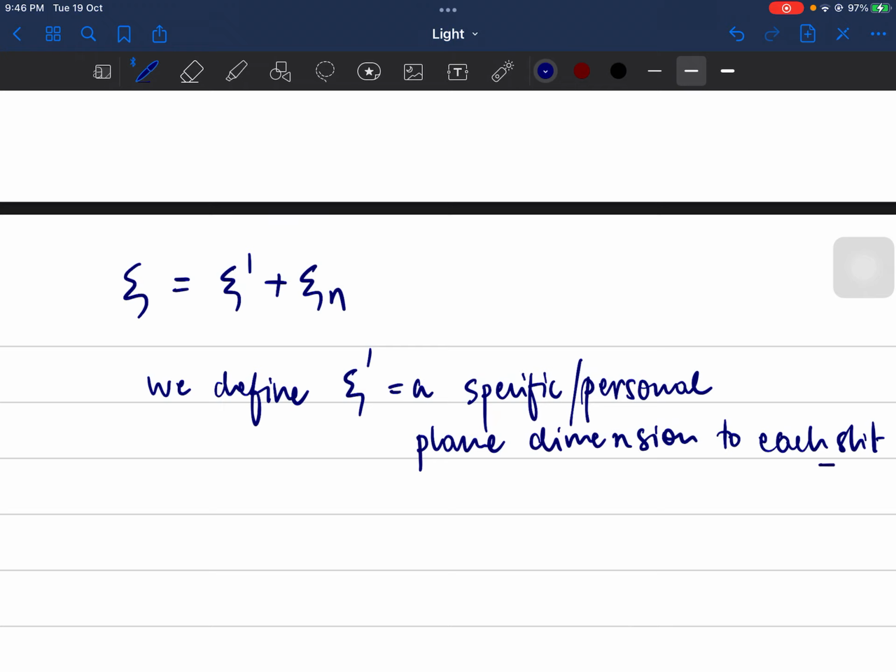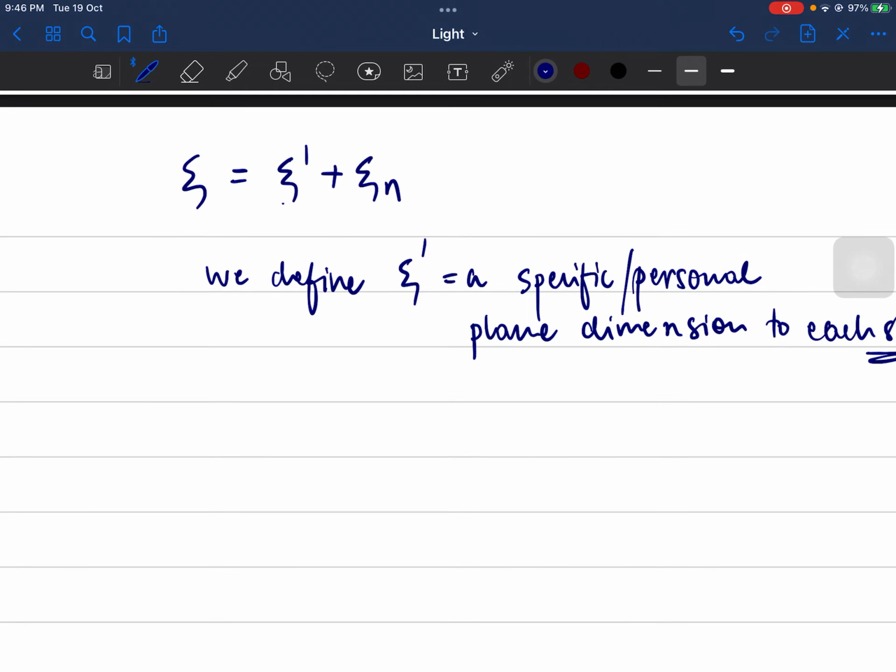Okay, to each slit for that matter. So basically this is the working dimension. This is a transformation factor.